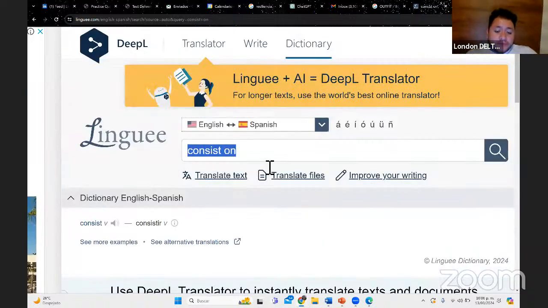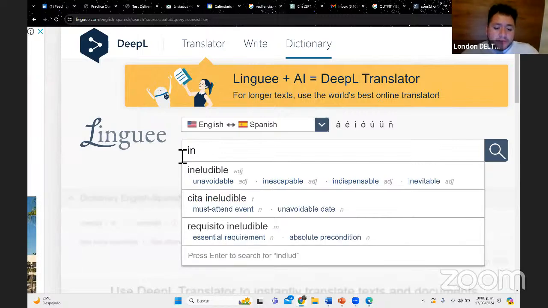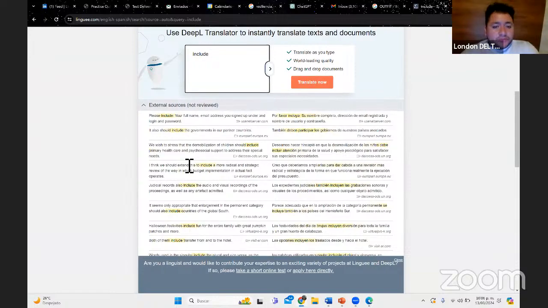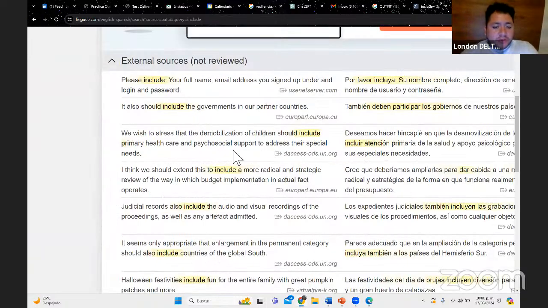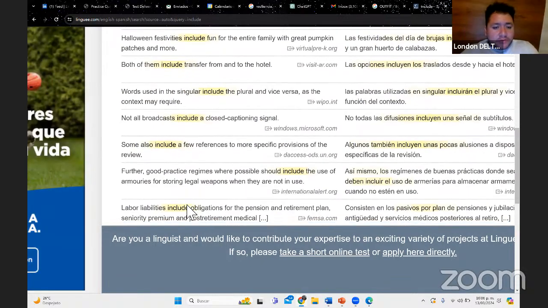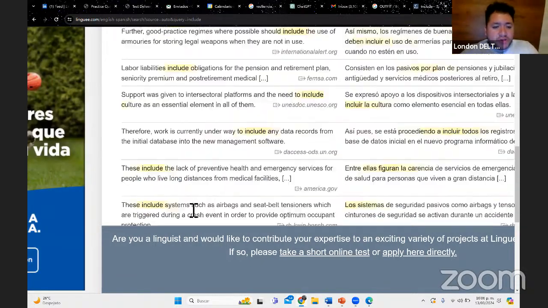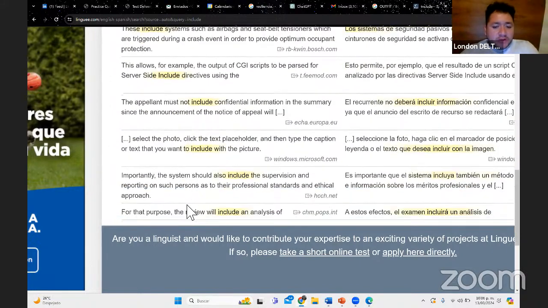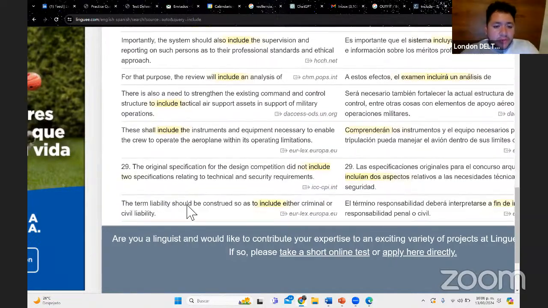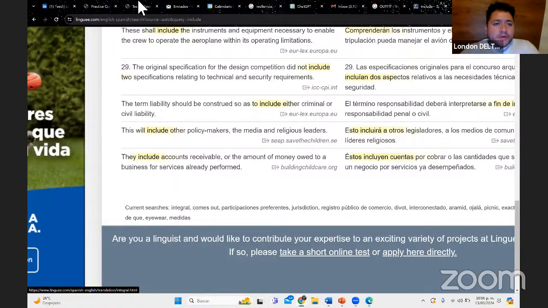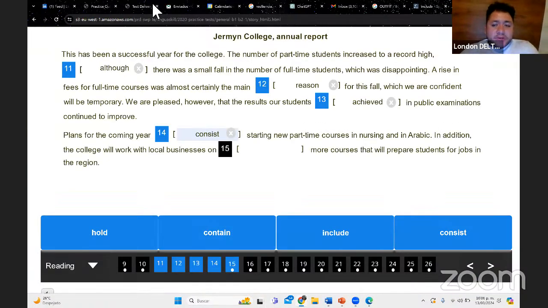Include. Vamos a ver cómo se utiliza include. Ok, include, countries, fun. So you can check here, right? Aquí no he visto alguno que tenga un verbo después de include. Okay. So you can check, right? So the correct option is include.